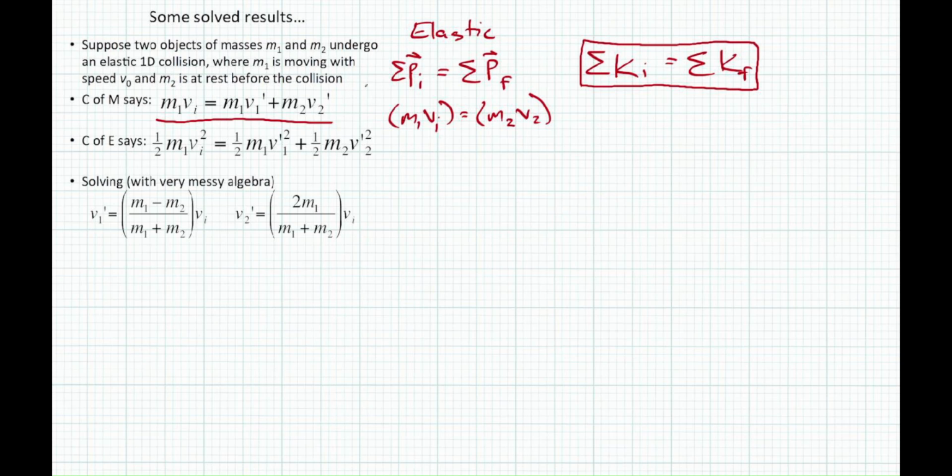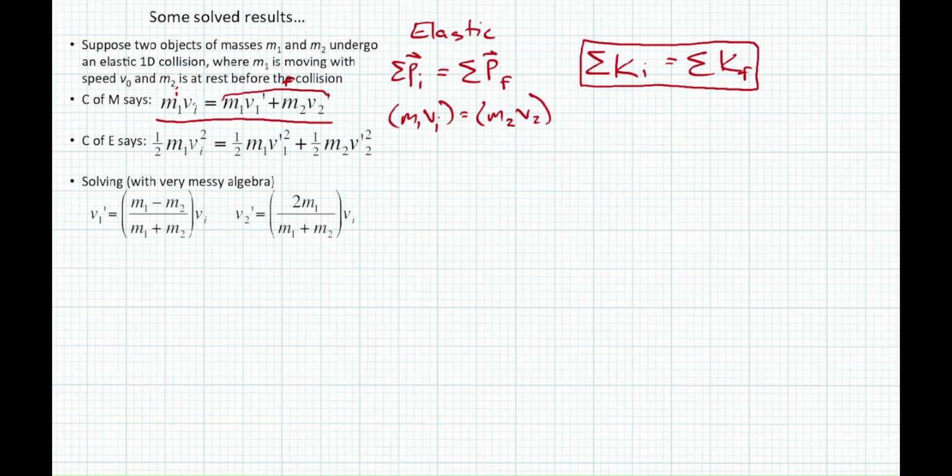These little symbols are called primes. There's a couple different ways to write this. In this case, prime simply means final. This is the initial momentum of an object, and this is the final combined momenta of these two objects.